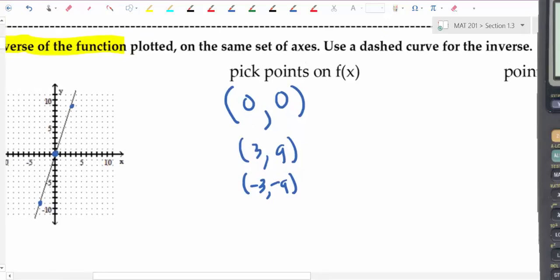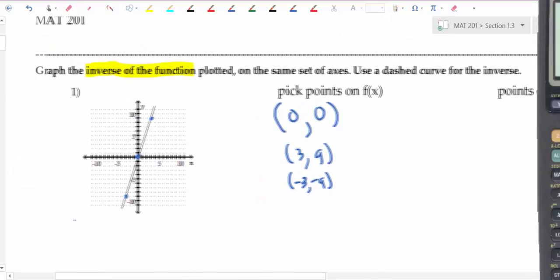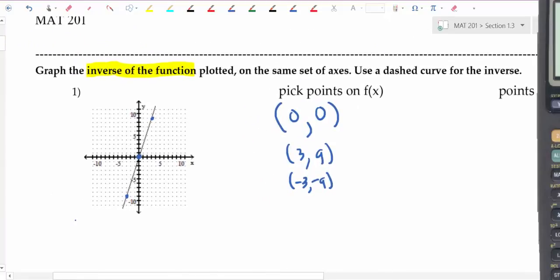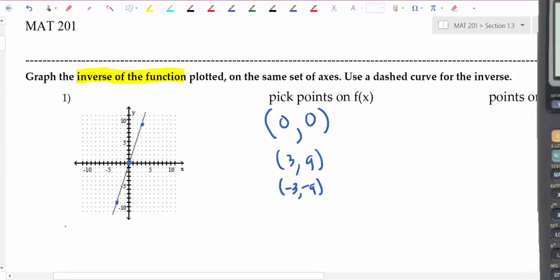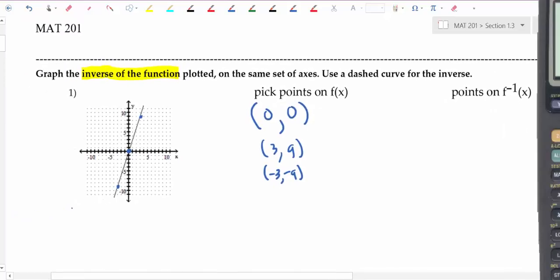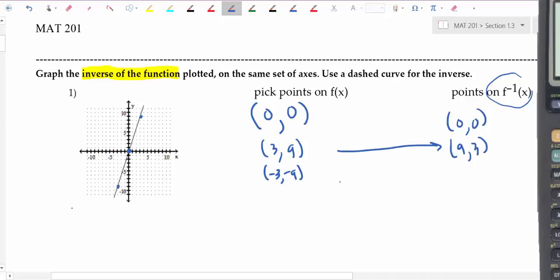If I want to make an inverse, which you did in trigonometry and college algebra, what do you do? You interchange the coordinates. So let's do points on the inverse. f inverse of x is represented this way. Well, 0, 0 stays the same. This point, however, is going to go to 9, 3, and this point right here is going to go to -9, -3.